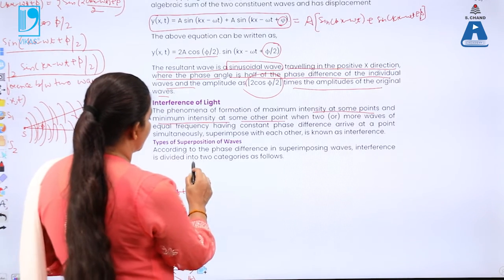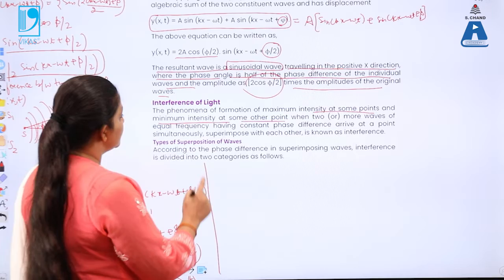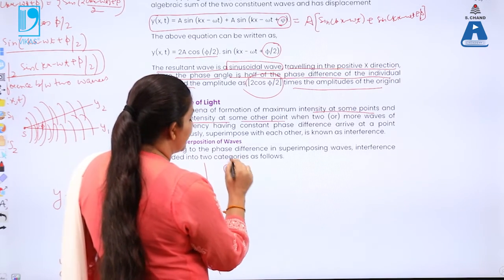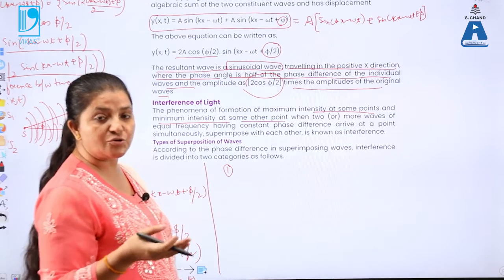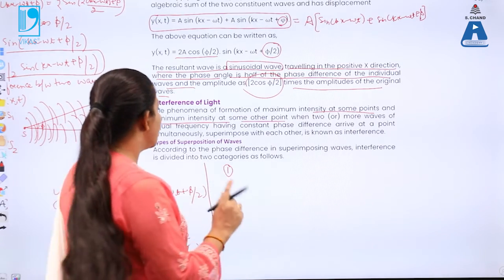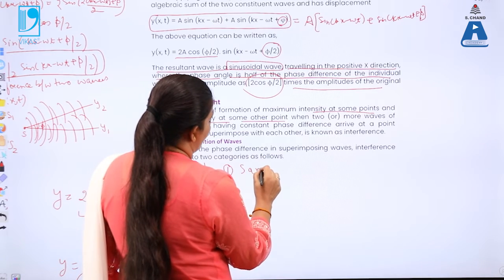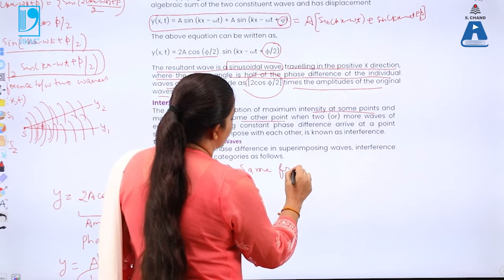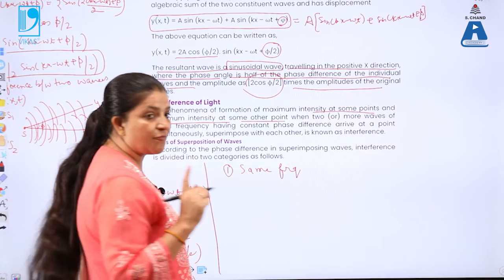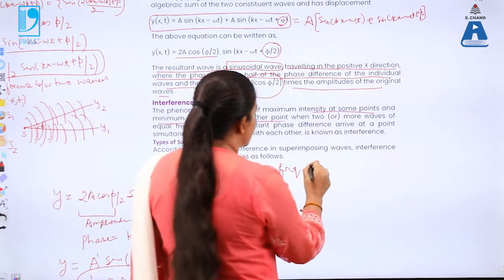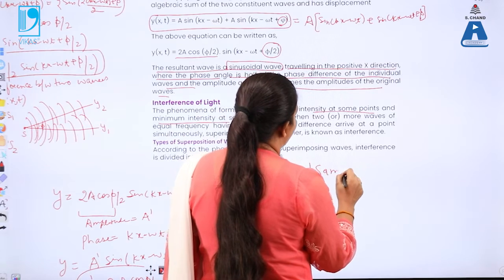So what is interference over here? Firstly, the main condition for interference is that the wavelets or the waves which are superimposed on each other must have the same frequency. That is important over here. The frequency of the wavefronts must be the same, or you can say the same wavelength.